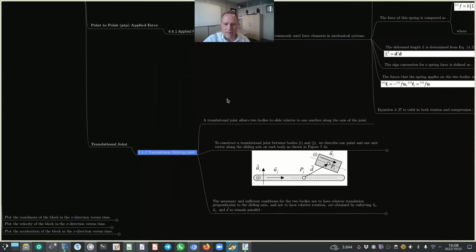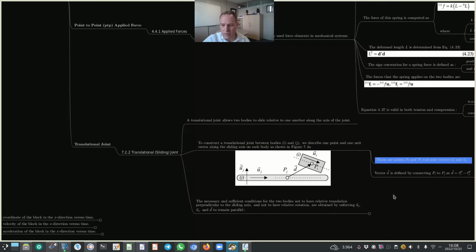So a translational joint allows two bodies to slide relative to one another along the axis of the joint. To construct a translational joint between bodies i and j, we describe one point and one unit vector along the sliding axis on each body as shown in figure 7.4a.